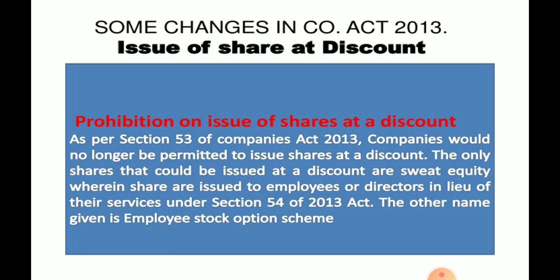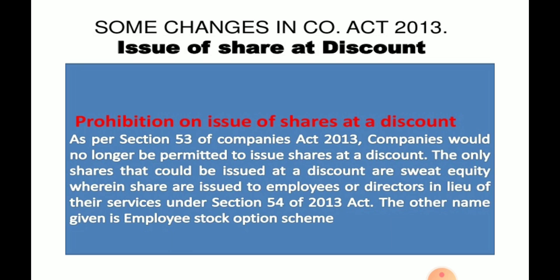The only shares that could be issued at discount are sweat equity shares, where shares are issued to employees or directors in lieu of their services under Section 54 of the Act 2013. The other name given to this option is the employee stock option scheme.